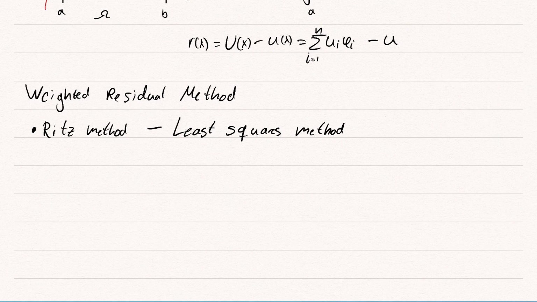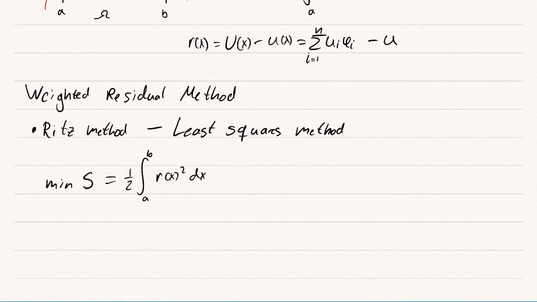So we are minimizing s, which is 1/2 of the integral from a to b of r of x squared dx.